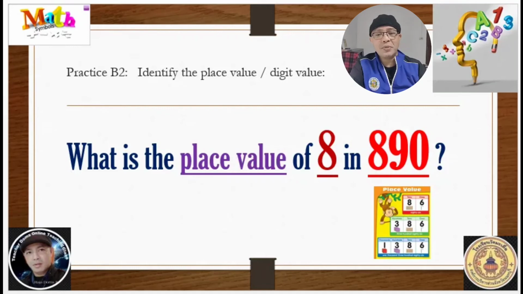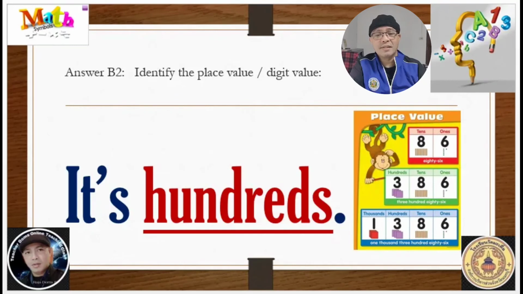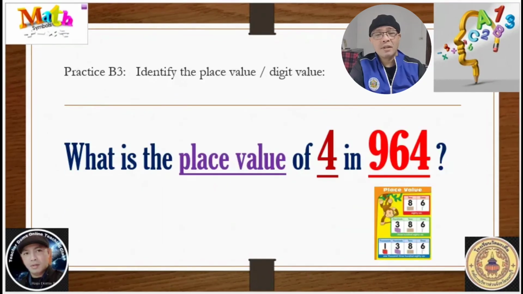Practice B2. Identify the place value and digit value. What is the place value of 8 in 890? It's hundreds. Practice B3, identify the place value and digit value.